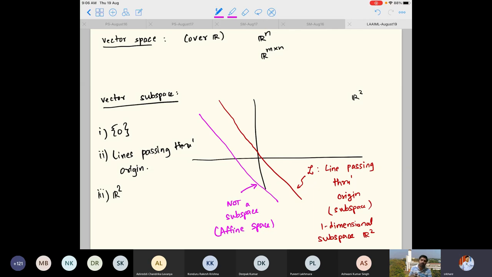So that is the issue. For those obvious reasons, zero does not belong to this pink line. A subspace always has to contain the identity, the zero vector. So zero is not there, and for all these reasons this pink line is not a subspace.